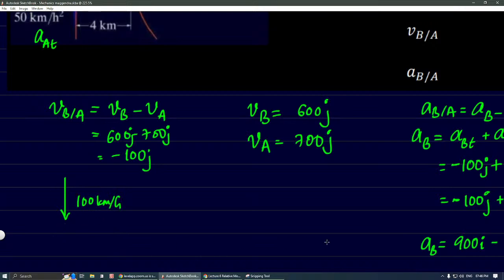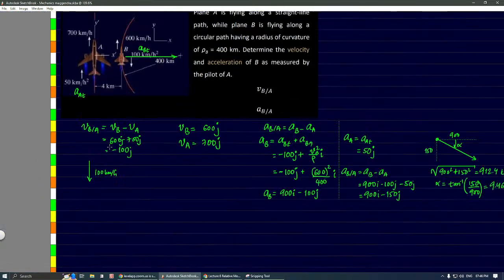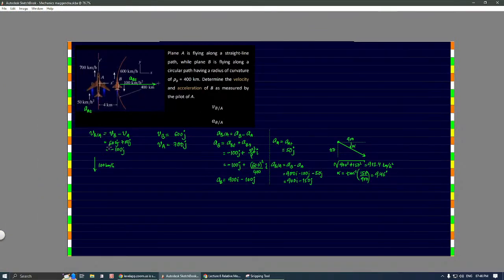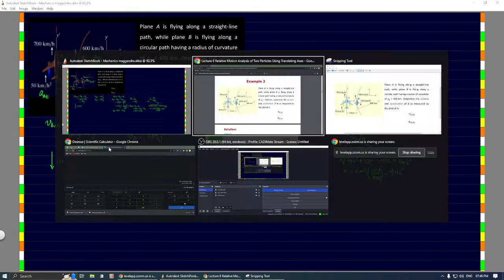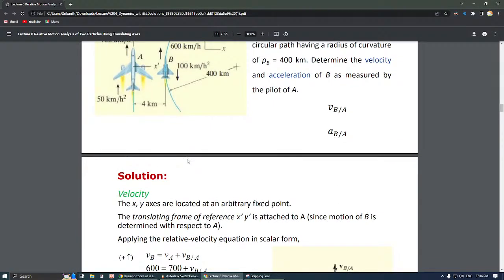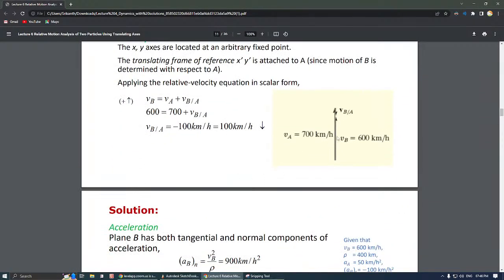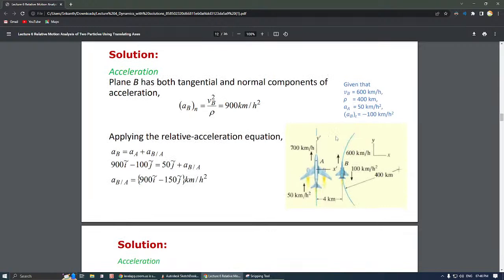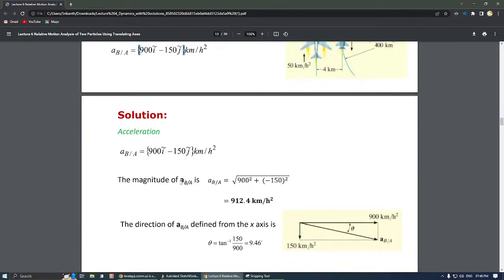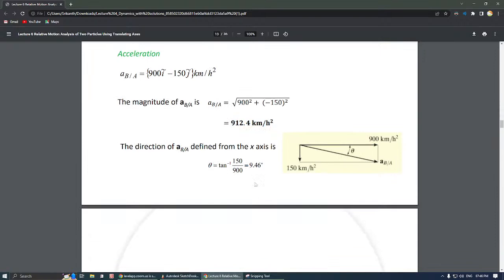Okay. Is it the same? What is given here? Solution 900i 150j, right? So 912.4, 9.46 exact.